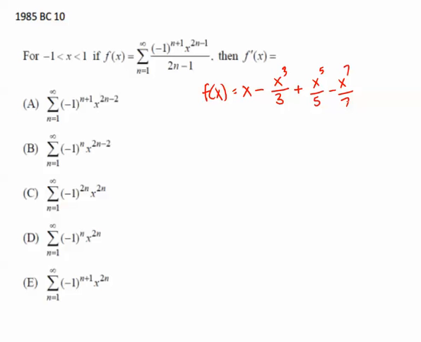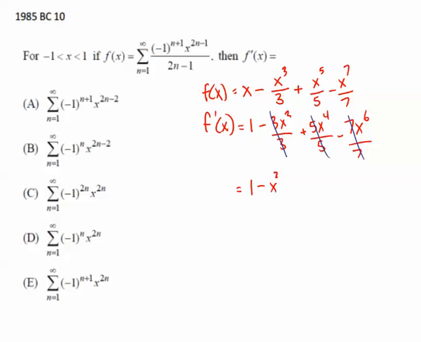So in the early days I would do that out, and then we can take the derivative of that, and we would have 1 minus 3x squared over 3 plus 5x to the fourth over 5 minus 7x to the sixth over 7, and you can see here that those coefficients, or numerator and denominator, will cancel out, and you would have something that looked like 1 minus x squared plus x to the fourth minus x to the sixth.